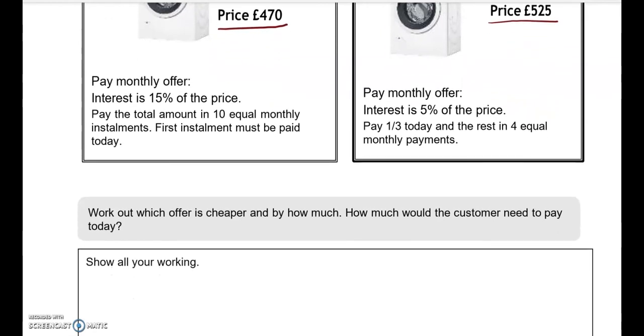So let's take the first offer. It's 470 and interest is 15%. So 15% of 470 is £70.50. You work it out by going 15 divided by 100 times 470.